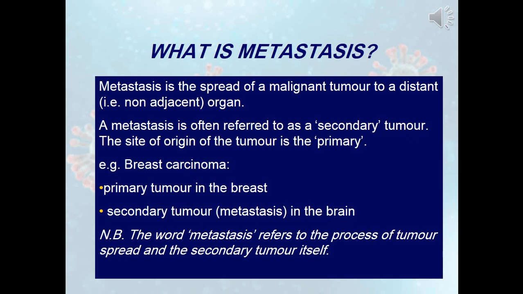It could also metastasize to the lung, the brain, anywhere. So metastasis refers to the process of tumor spread, and the secondary tumor itself becomes discontinuous with the primary organ or primary tumor and grows itself in the organ where it settled out.